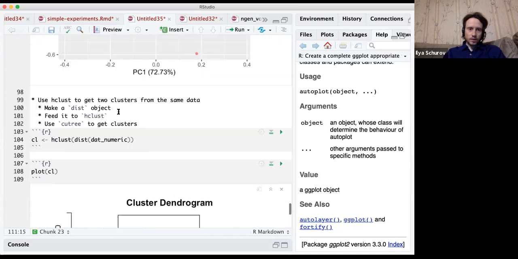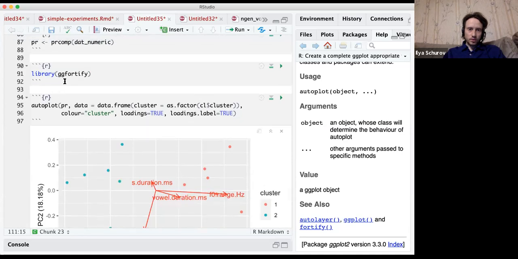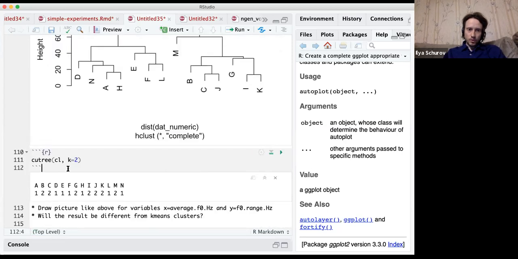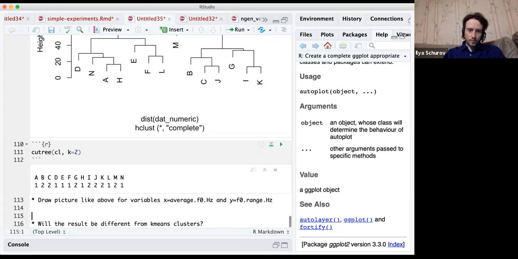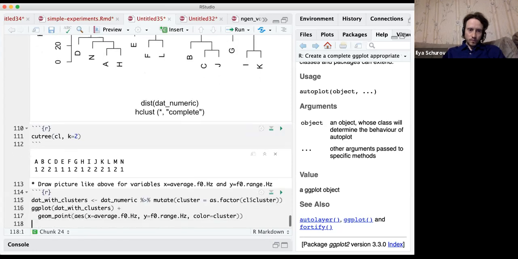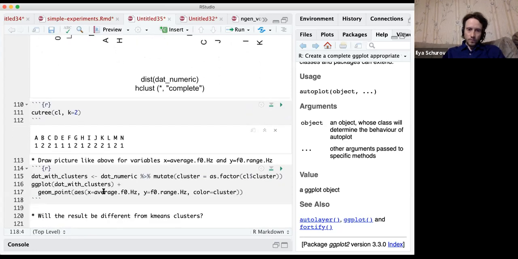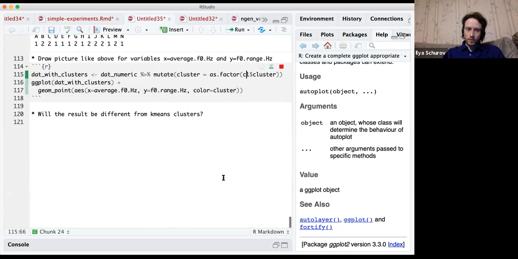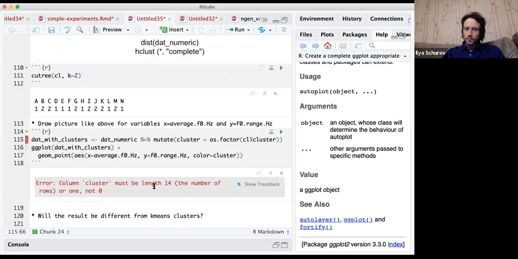And then I just put it into the same code here. So I should change here because CL cluster will not work. You will get something like this.